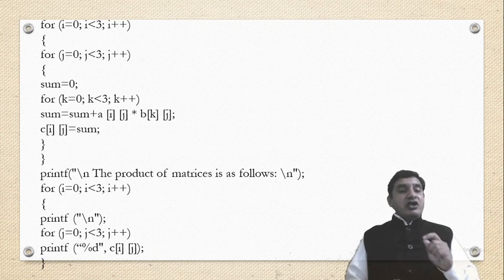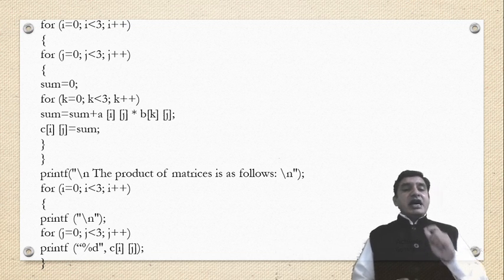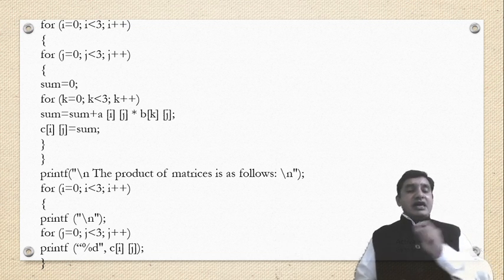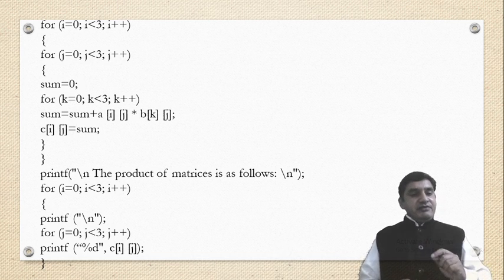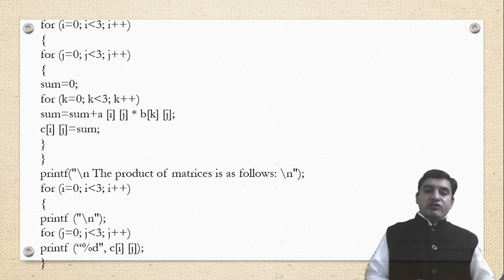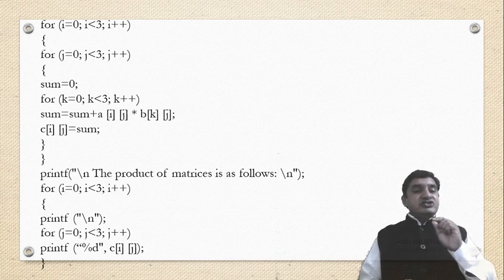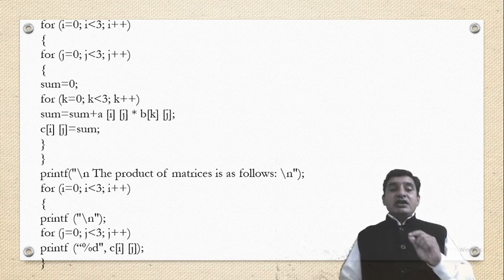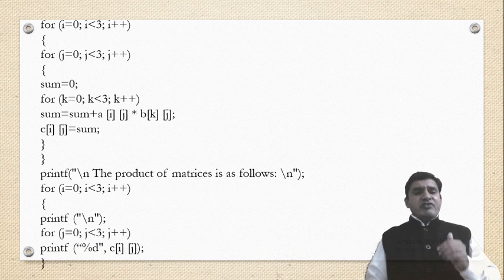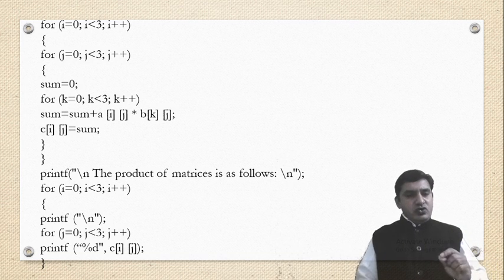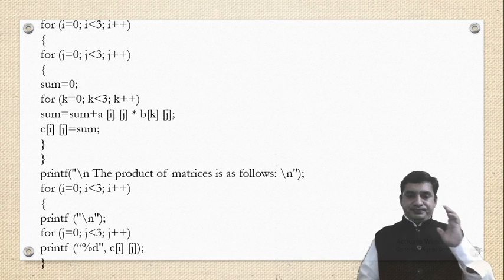For loop, for i is equal to 0, i is less than 3, i is incremented. Now printf \n is used for a new line. Then for loop j is equal to 0, j is less than 3, j is incremented. That is, the value of j is 0, 1 and 2.